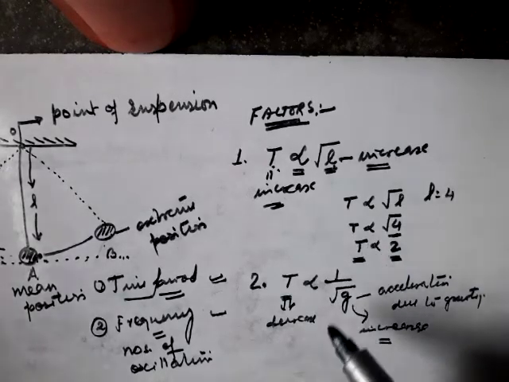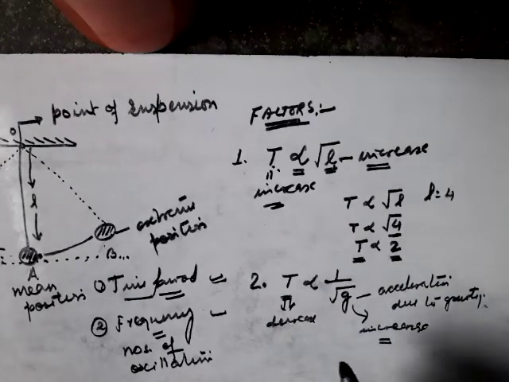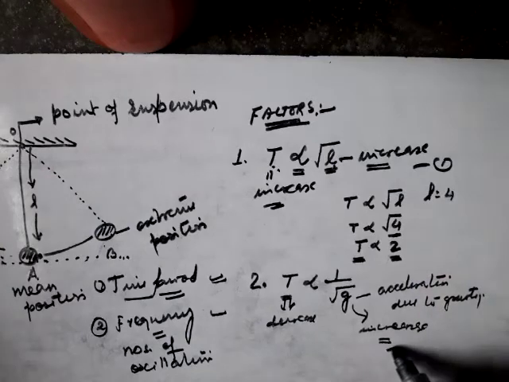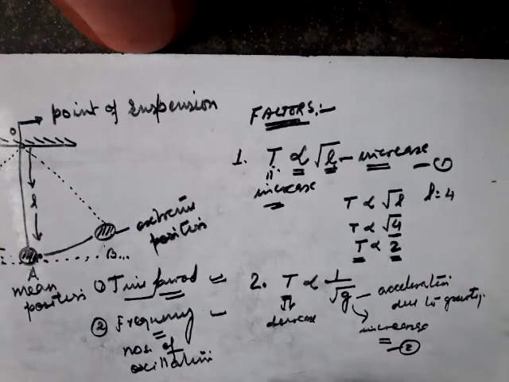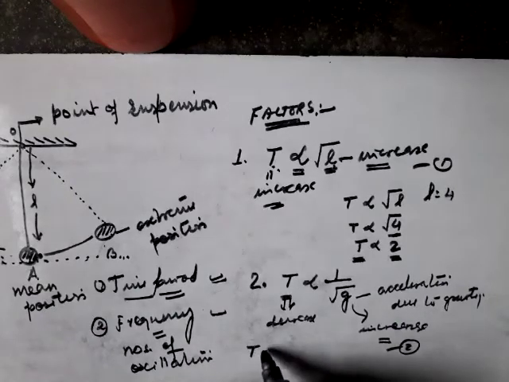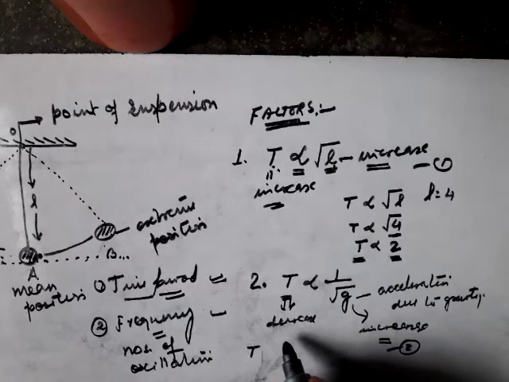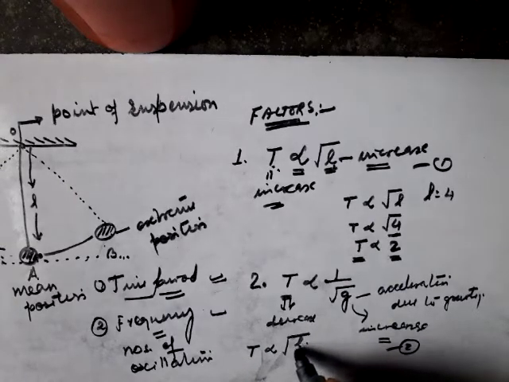Combining these two factors, suppose this equation is 1 and this is equation 2. If you combine them, then the time period will be directly proportional to under root L upon g.